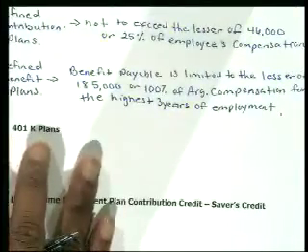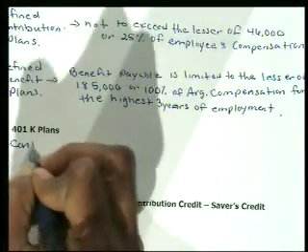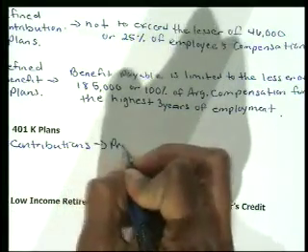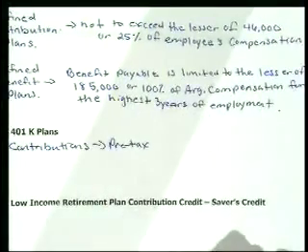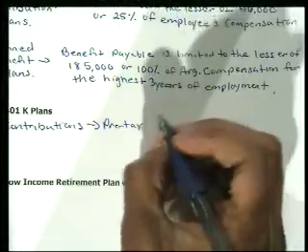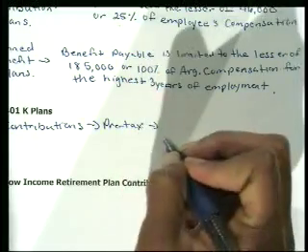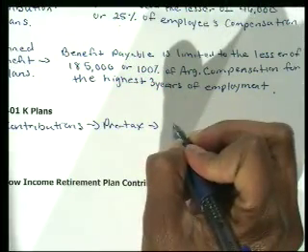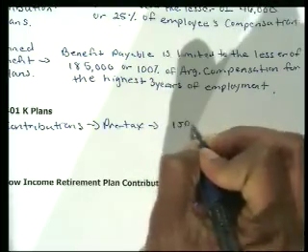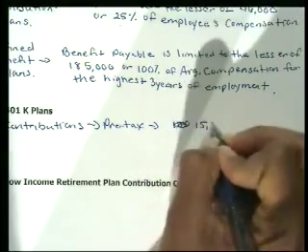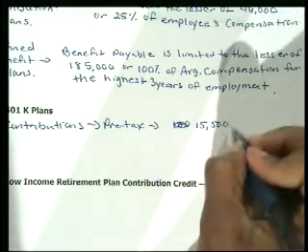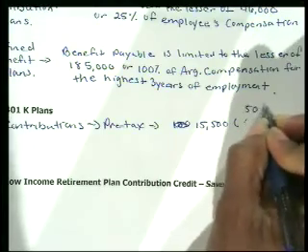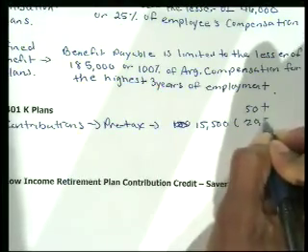Then our 401k plans, basically contributions to 401ks, are made pre-tax. So the income that you put into your 401k is going to be made before it's taxed. Okay. And as far as the limitation goes on that, it's going to be limited to $15,500 of the salary, or if you are 50 plus, it's $20,500.